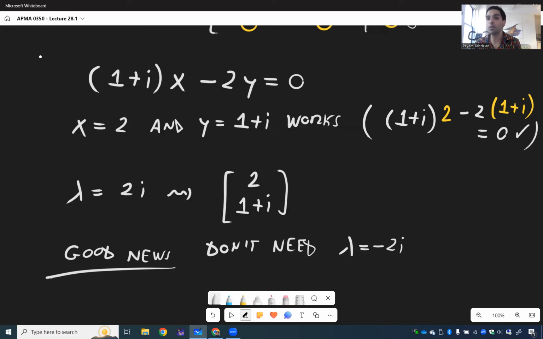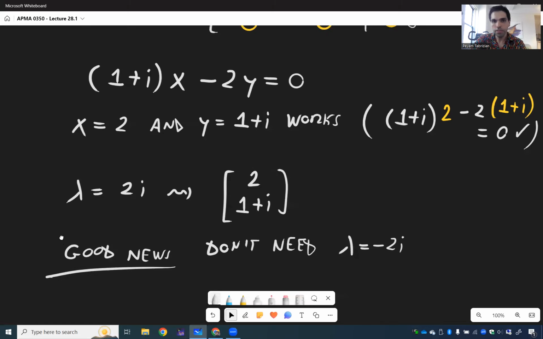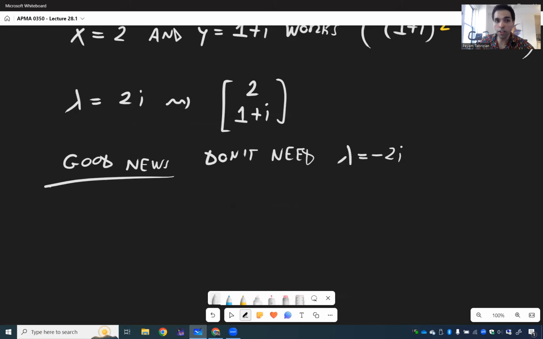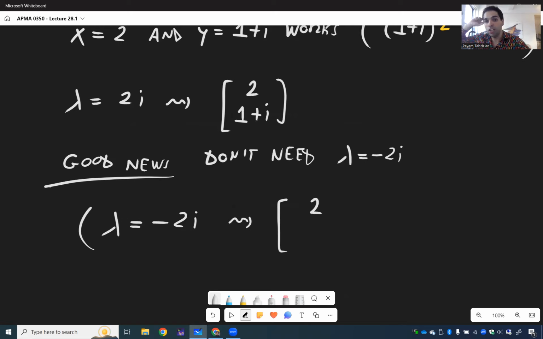We just needed r equals 2 plus 3i. But in case you are curious, had you done this for lambda equals minus 2i, you would have gotten the complex conjugate, which is (2, 1 minus i). So it is true in linear algebra that the eigenvector of the complex conjugate is the complex conjugate of (2, 1 plus i). But again, completely useless information.